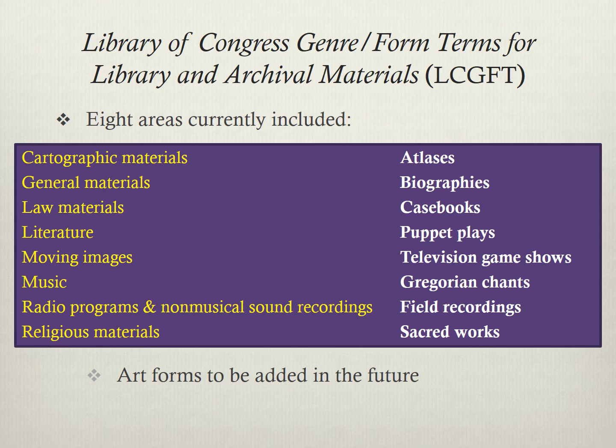But notice there is nothing here for ethnicity or nationality, for audience, for creation dates, for geography, or popularity. So there may be an entry for poetry, but there will not be an entry for French poetry or medieval poetry. Okay, so we're really looking at the basics here. We're not adding to them.